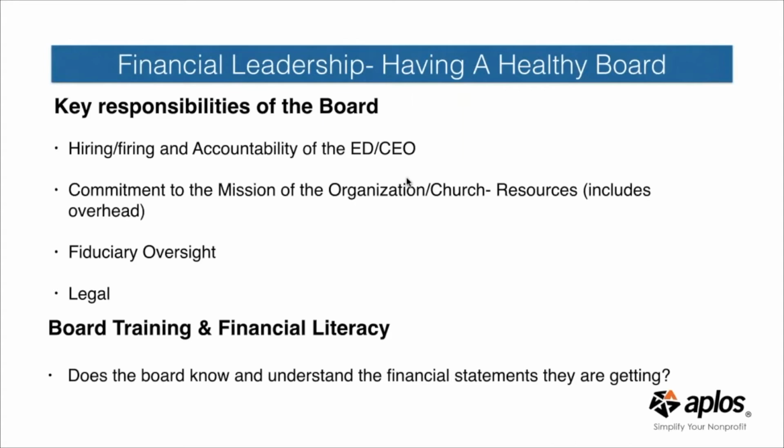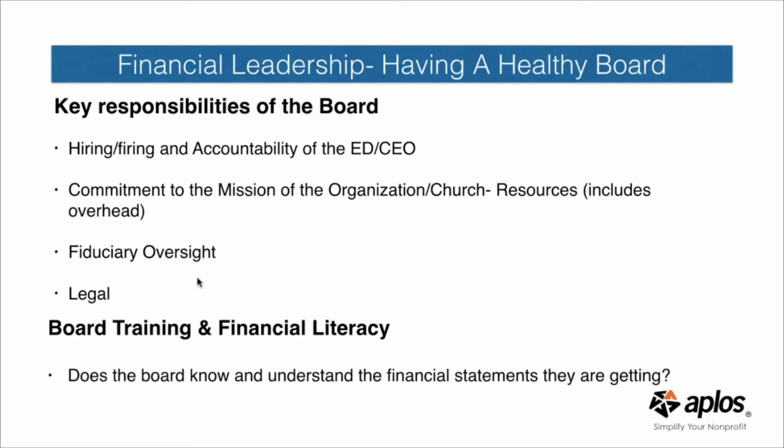Again, I worked for a nonprofit here in the community where Aplos is located, and unfortunately, that nonprofit had to close. Luckily, I was not working for them when it did, and there was very sadly a huge public debate about what happened. Many of the board members did not even know that there were financial problems.